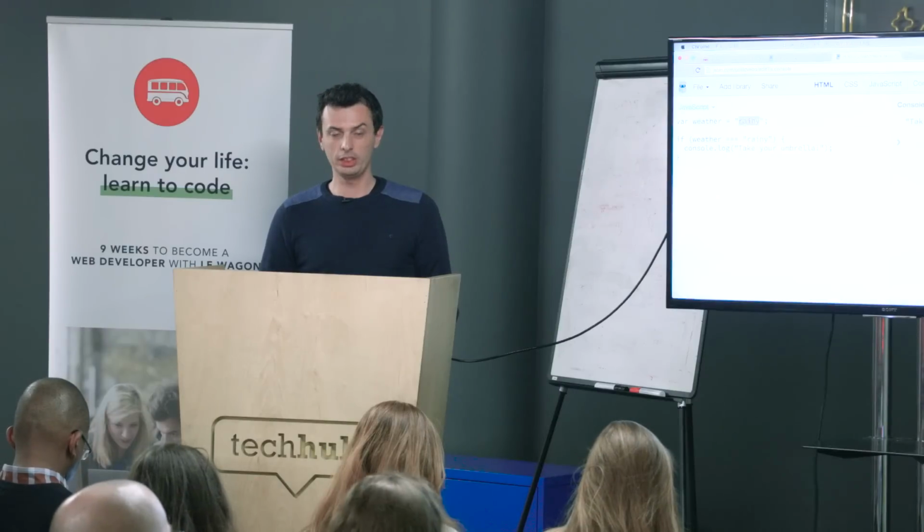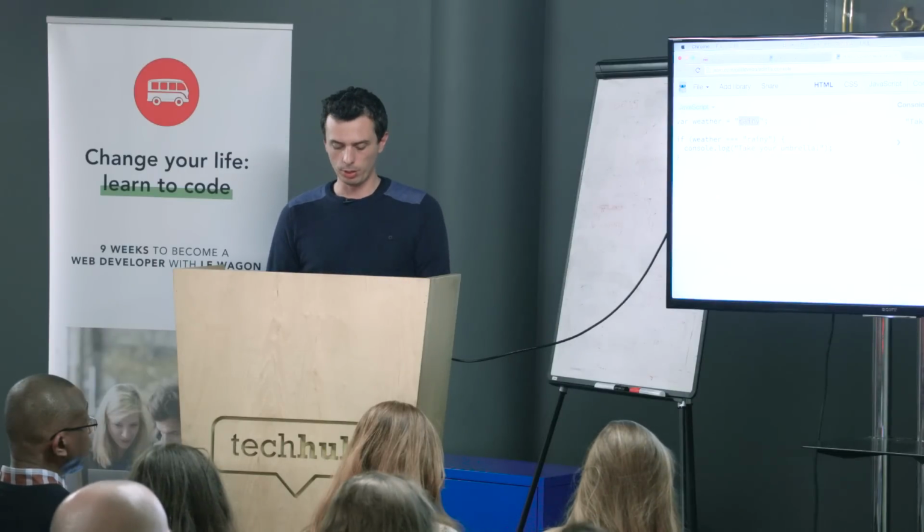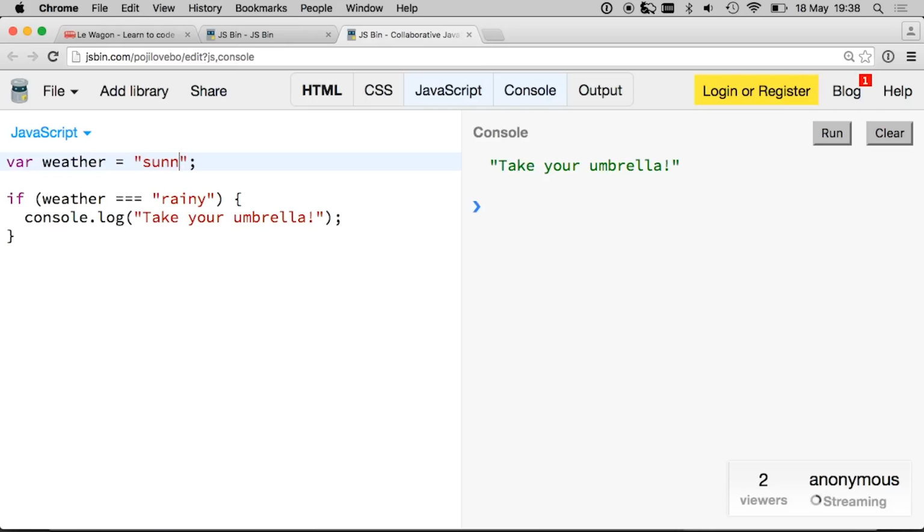But if I change what I put in my variable, say I put sunny. The weather is sunny. If I run the code, it won't print anything because now this condition is false. So what's inside the curly braces after the if does not get executed.